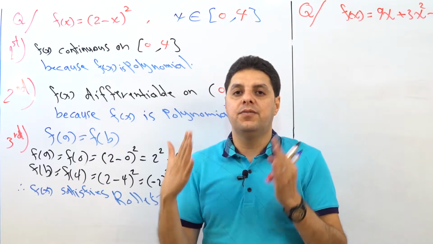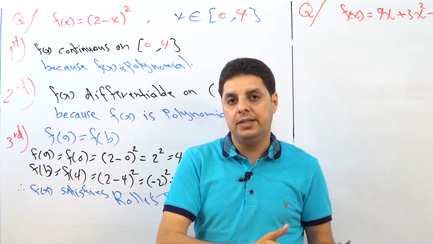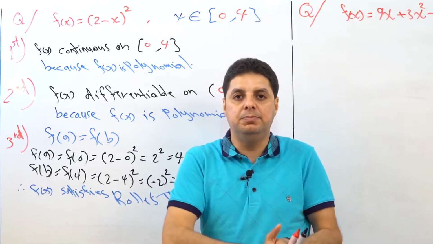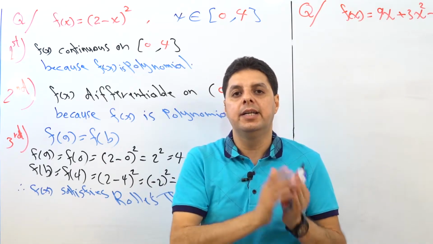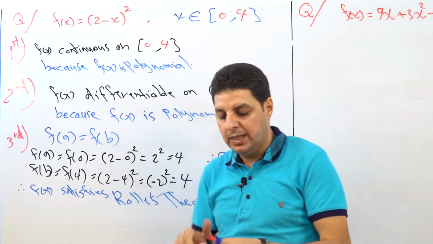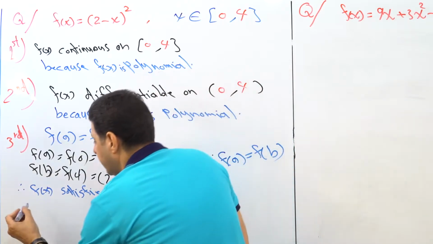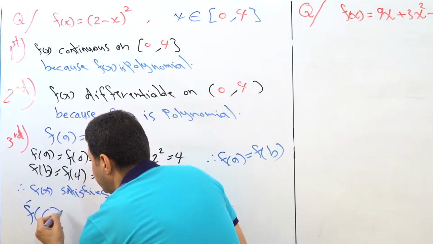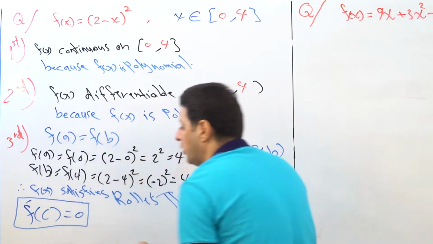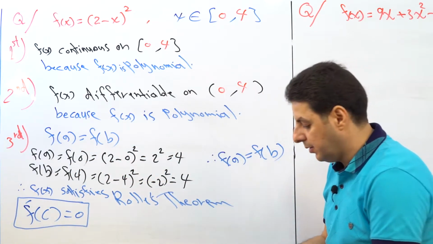Second condition: differentiable on the open interval. Third condition: f of 0 must be equal to f of 4. Then the function satisfies Rolle's theorem, so there exists c such that f prime of c equals 0.